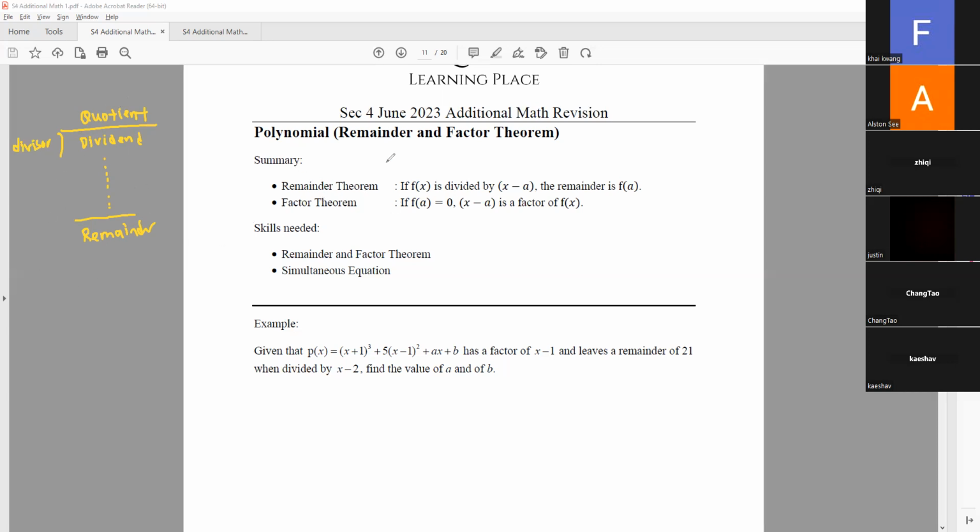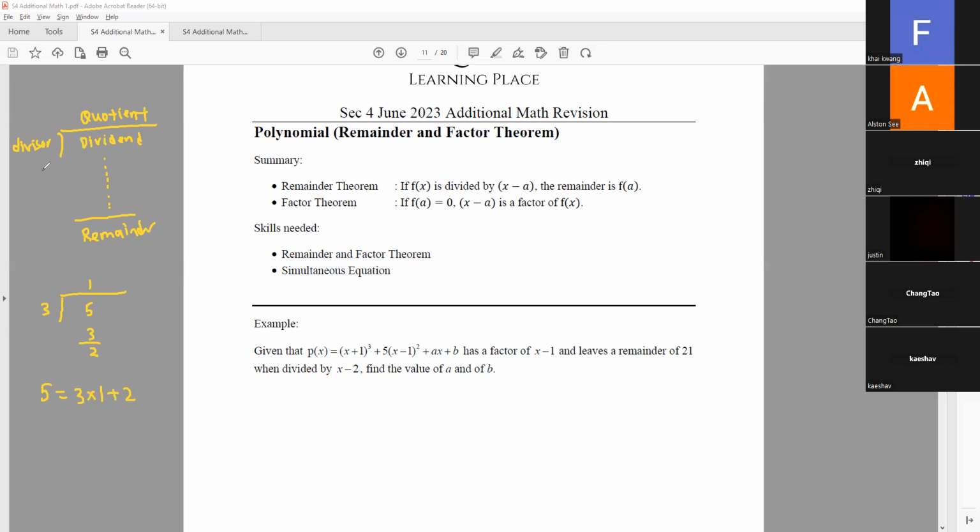This is how remainder theorem comes about. Remember when you did it in primary school? If this is 5, this is 3, this is 1, this is 2, we can say that 5 is equal to 3 times 1 plus 2.